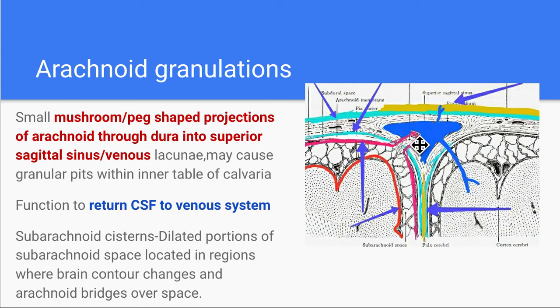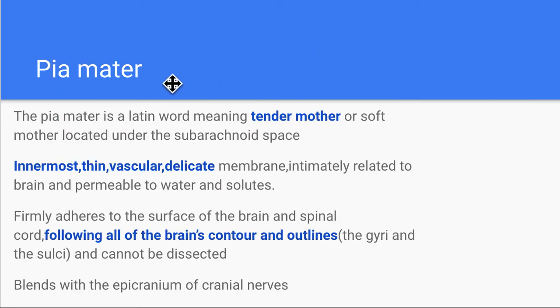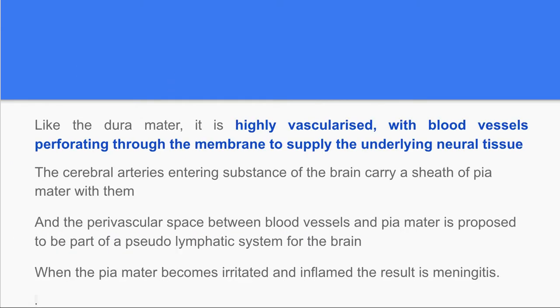venous system. We saw about the pia mater and how it is the thinnest, vascular, delicate membrane following all of the brain's contours and outlines, and how the cerebral arteries entering the substance of the brain carry a sheath of pia mater with them.